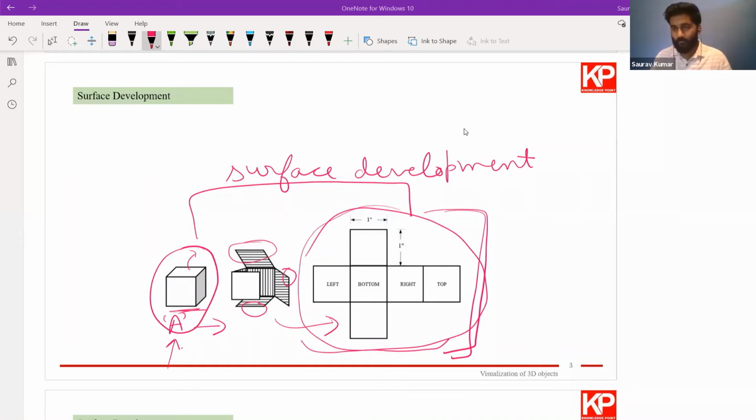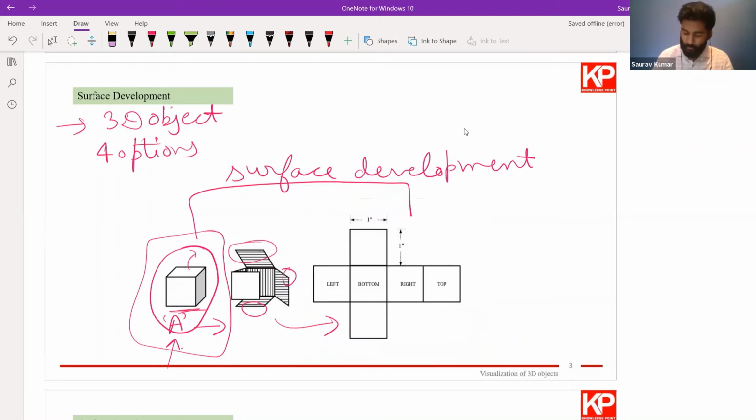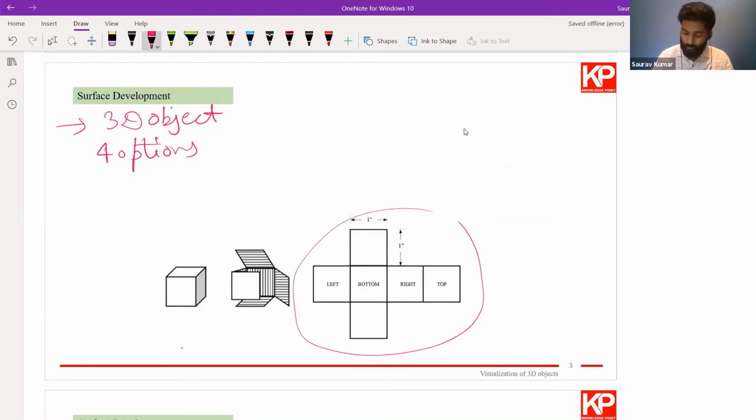Okay. So in your exam, you will get the 3D object like this cube. You will get 4 options like this. If I just erase these things, 4 options like this.